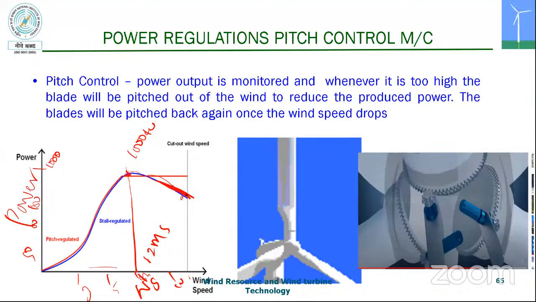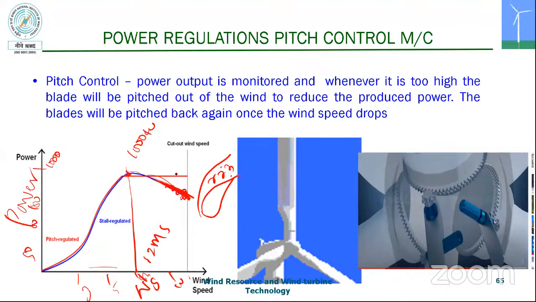This is called the stalling region. Why does it have to stall? I have to limit my power. When the wind speed increases, it creates turbulence, and the power will come down. Automatically, I limit my power and protect the entire turbine structure. Otherwise, the entire blade and the structure of the turbine will be damaged.